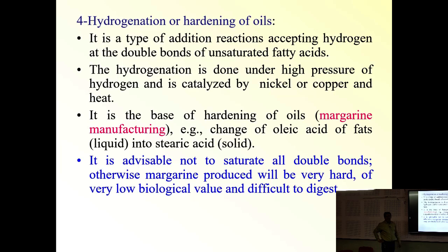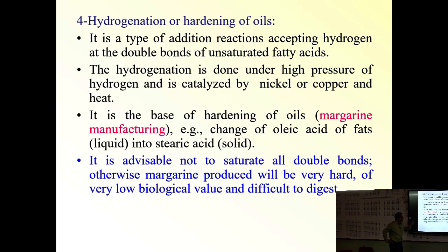That is done under high pressure of hydrogen and is catalyzed by nickel or copper. Nickel and copper are the catalysts, and during the heating process it is the hardening of oil. Very simple method. It is the base of hardening of oil: margarine manufacturing, changing oleic acid of fat into stearic acid.